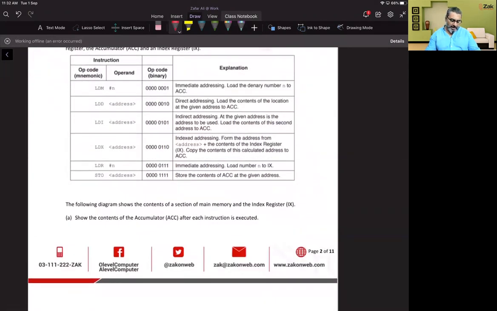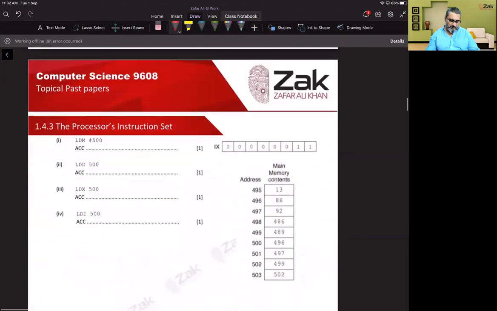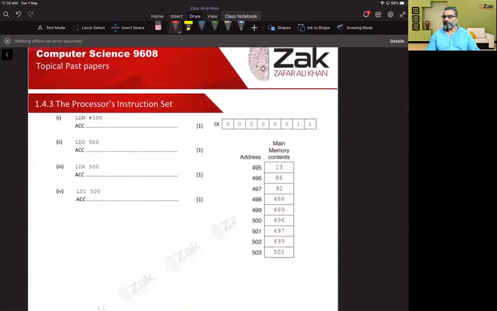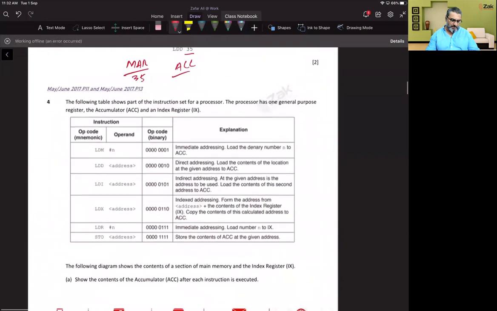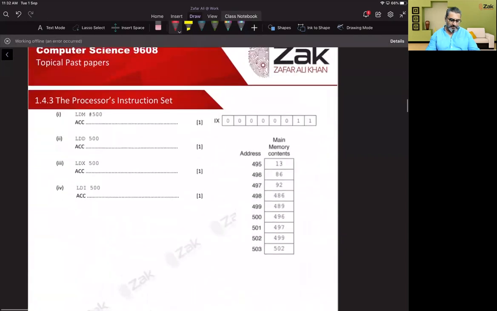The following diagram shows the content of the section of memory and the index register. This is 2017 P11 and P13. So LDM 500. This is immediate, so the accumulator would have 500. LDD 500. What is that? 500 is 496.